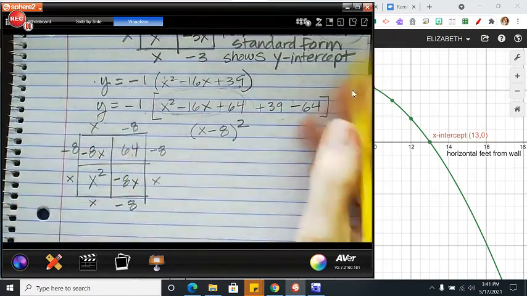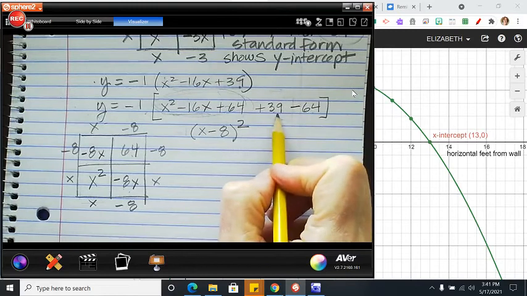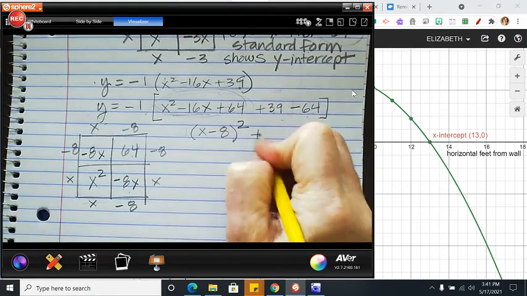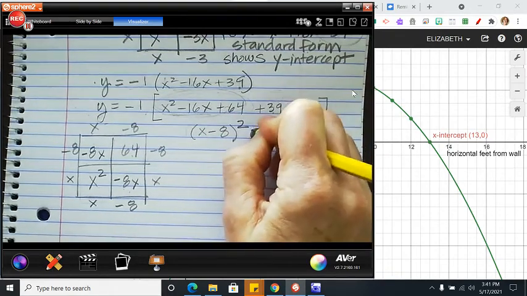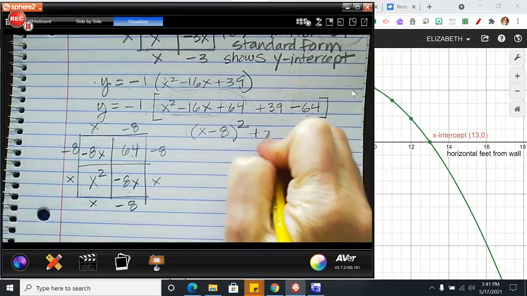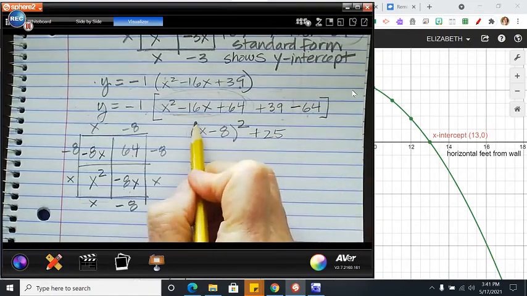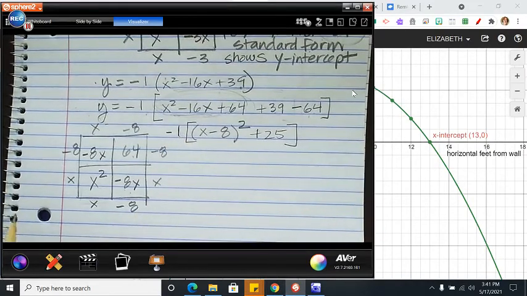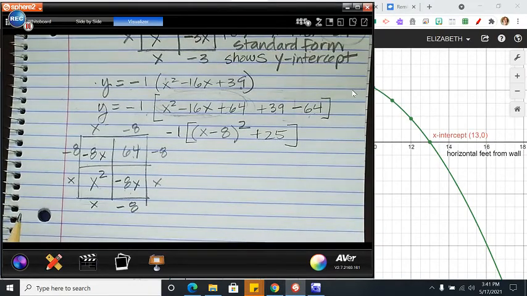Let's not even worry about that yet. Let's just get this figured out. I do need to combine these. That would be positive 25. No, negative 25. No, positive 25. And then this negative 1 is still out here in front of everything.